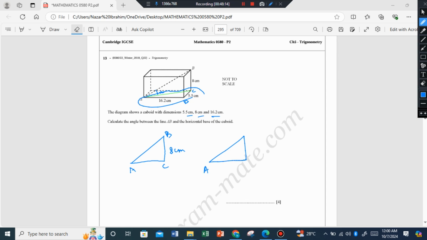A, AD and C. Right? Now what in this triangle is known to me? CD is equal to 5.5 centimeter, and AD is equal to 16.2 centimeter.